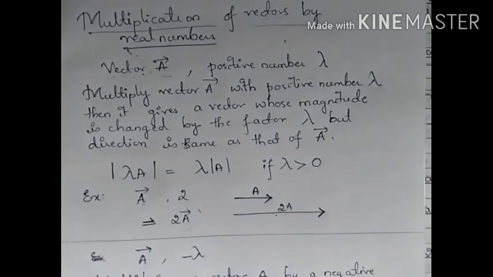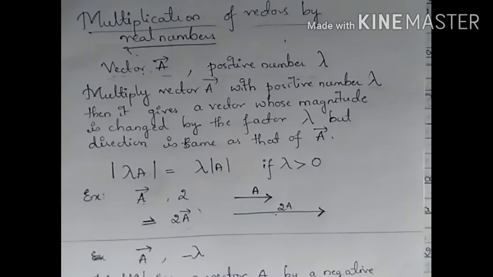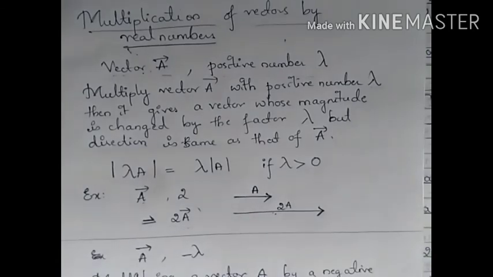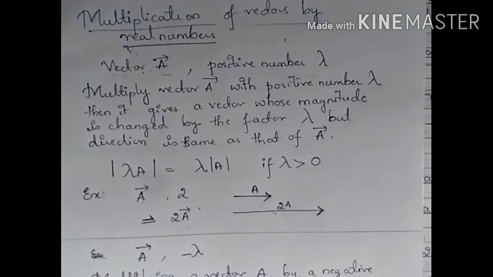So we understood how the equality of vectors works, and what will happen if you multiply a positive real number or a negative real number to the vector, and what will be the direction of the multiplied vectors. If you have the positive value, then you will have the same direction. If you have the negative value, then you will have the opposite direction.